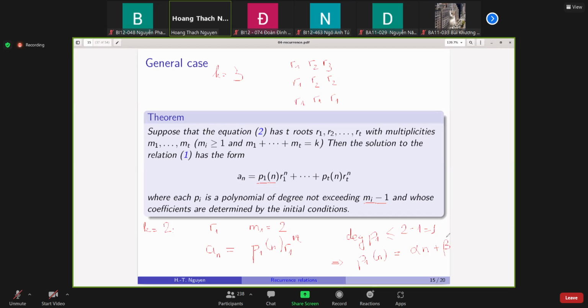And you recover the formula in the previous section for the second case of a relation of degree 2. Okay?